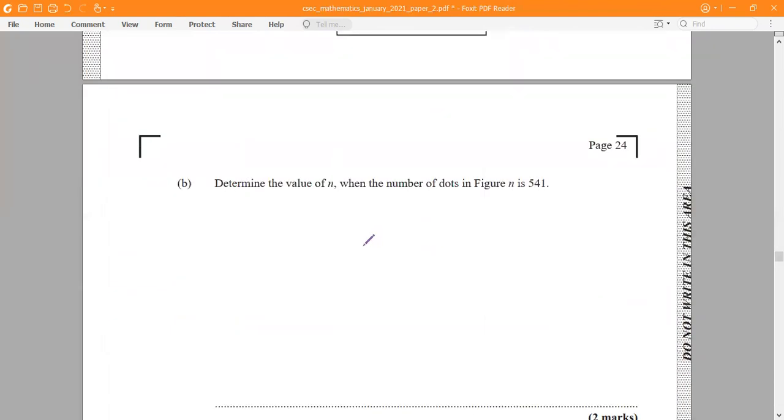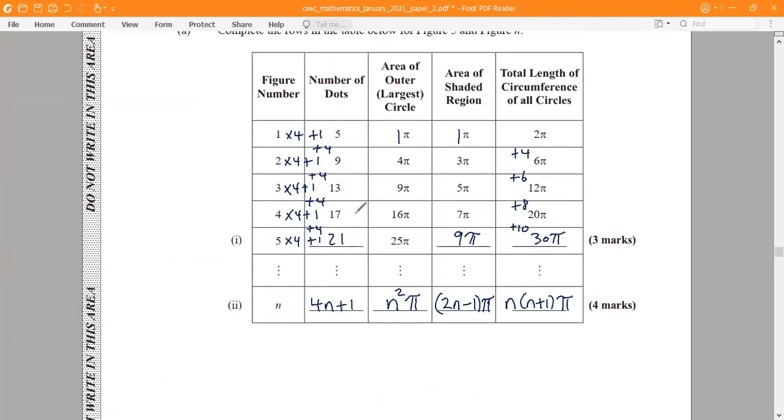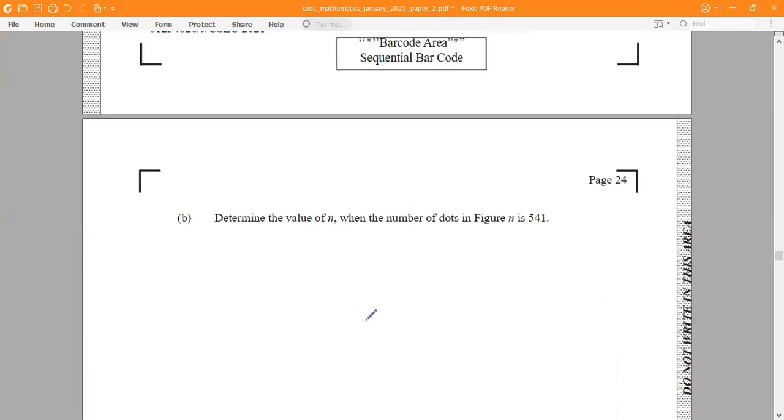Part B, determine the value of n when the number of dots in figure n is 541. So in this second column, number of dots, we want to find out the value of n when the number of dots is 541. So we take the expression 4n plus 1, and we make an equation out of it. We say 4n plus 1 is equal to 541. And then we solve this equation.